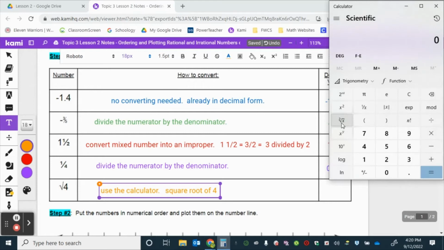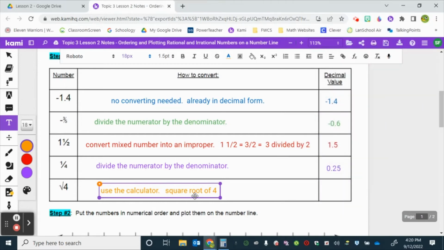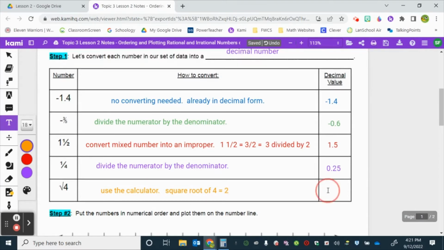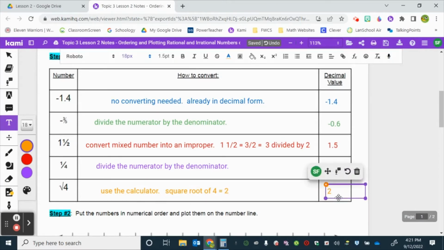On this calculator, it's over here. It's got the 2 with the little, kind of looks like a check mark on the X. So I'm going to hit 4 and then that button. And it's going to tell me that the square root of 4 is equivalent to 2. So square root of 4 is equal to 2. And that would be its decimal value. Somebody might want to say a 2 or 2.0. That is okay. I prefer, since it's a whole number, just to use 2.